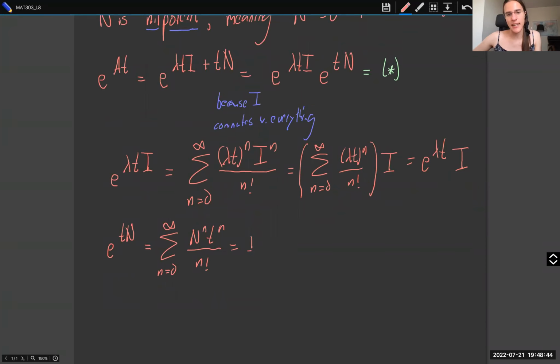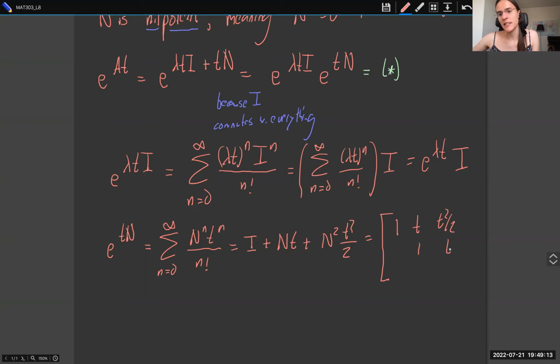So that's equal to the identity plus N t plus N squared t squared over 2. And what that's going to look like is, the identity is just the diagonal, N is the super diagonal, and N squared is the second super diagonal. So that's going to be 1, t, t squared over 2, then 1, t, then 1, and zeros below.